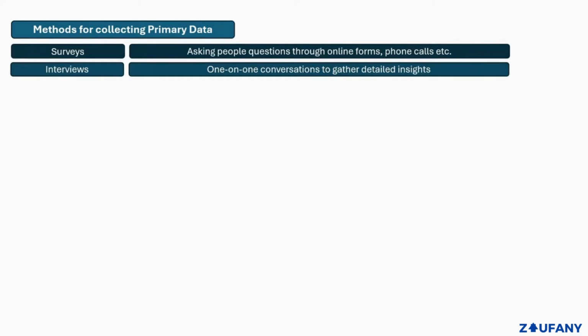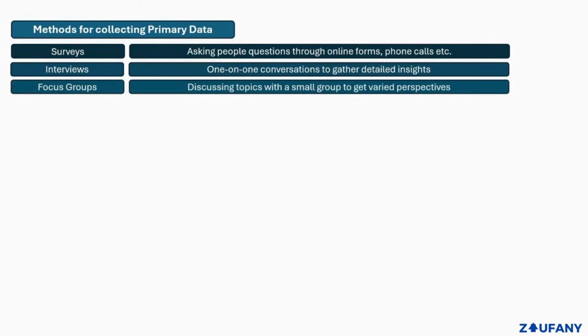Here we engage in one on one conversation to gather detailed insights. For instance, interviewing a potential customer to know his requirement. Focus groups. This involves discussing topics with a small group to get varied perspectives from different applicants. For example, gathering opinions on a new FMCG product from a group of housewives.